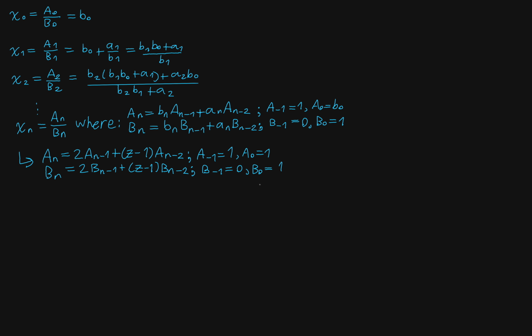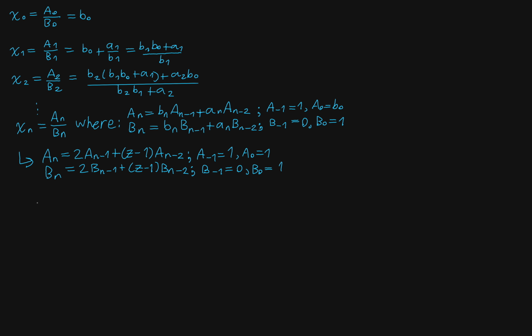Now, to solve these, you could use any method you might be familiar with, like generating functions or characteristic polynomials. I've shown how to solve using characteristic polynomials in a video for the Fibonacci sequence, if you haven't seen it before.